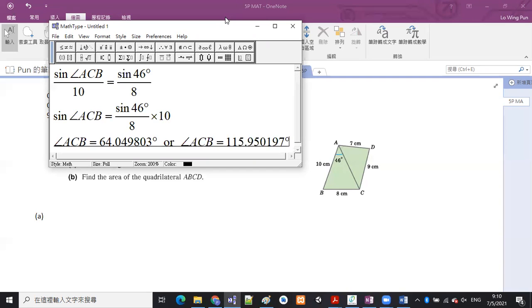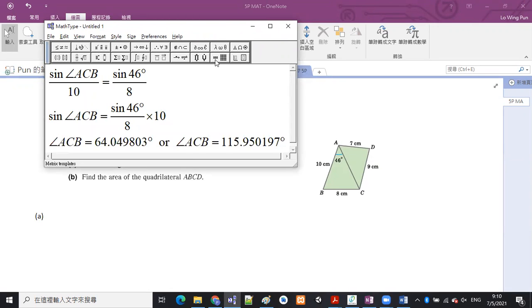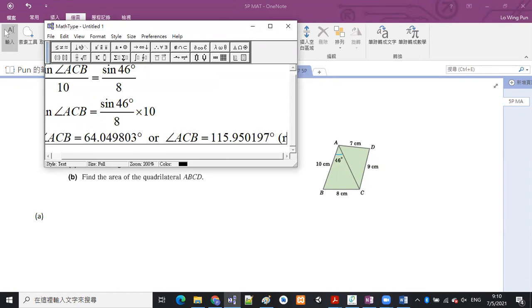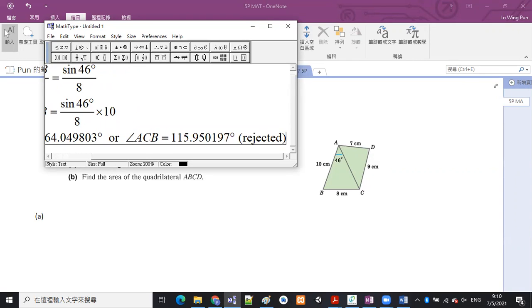Why? Yes, because ACB is an acute angle. If we just add this with the given number, it's not yet 180 degrees, right? So we are not rejecting this answer because the sum of the two angles is larger than 180 degrees, but because there is a given condition that angle ACB is an acute angle. So this is rejected. Acute angle means it should be less than 90 degrees. Okay? And we need to save this to our memory A.